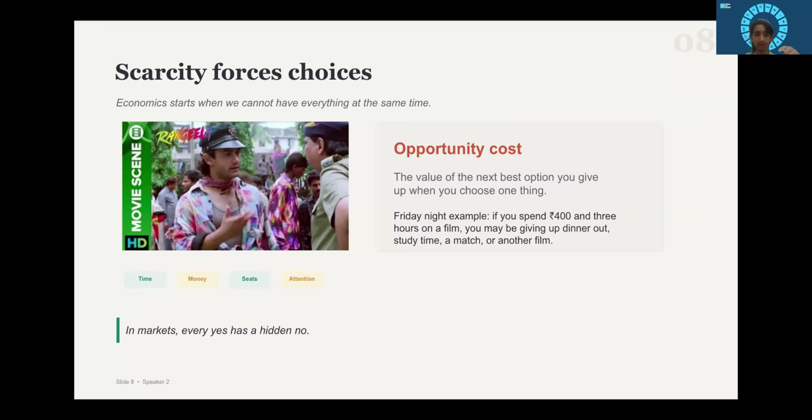Now, every single one of these alternate choices carries a hidden cost, and this is called opportunity cost. It's what you miss out on because of what you choose. This is the entire basis of economics, and nothing is ever actually free because you always trade away something, your time, money, or attention, to get something else.